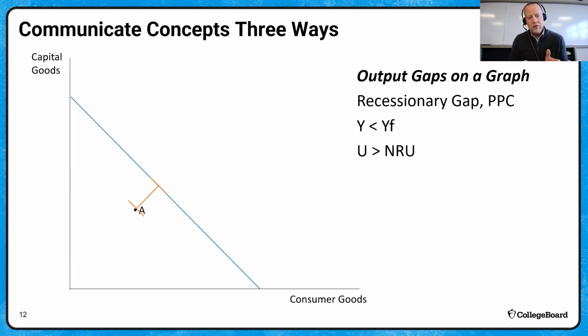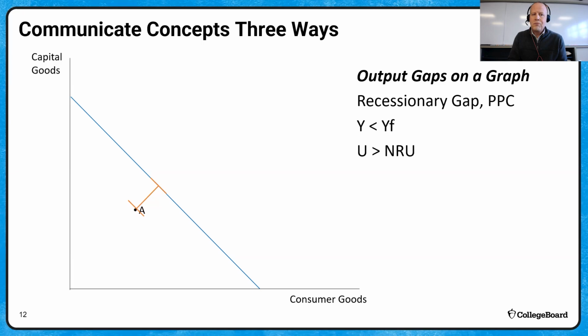And we know that the PPC, the curve itself, represents full employment output, the same thing that the vertical long run aggregate supply curve represented. So any output level below the curve represents output below full employment, telling me that we have a recessionary gap. Our current output is less than full employment. Our unemployment rate is greater than the natural rate.